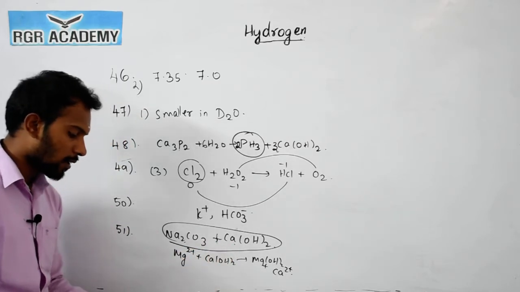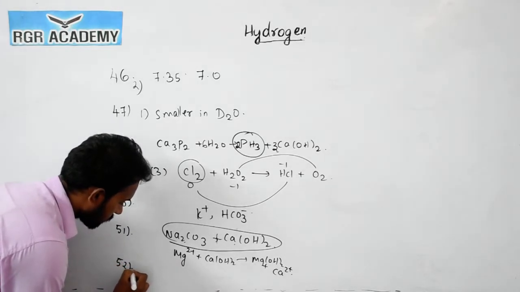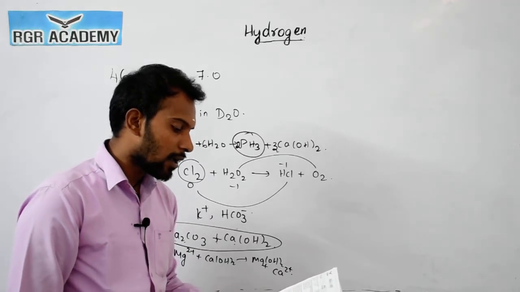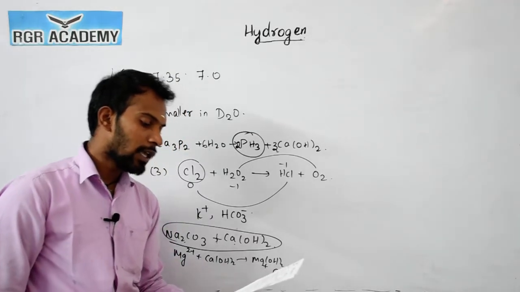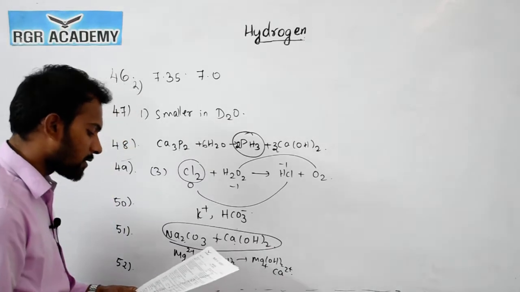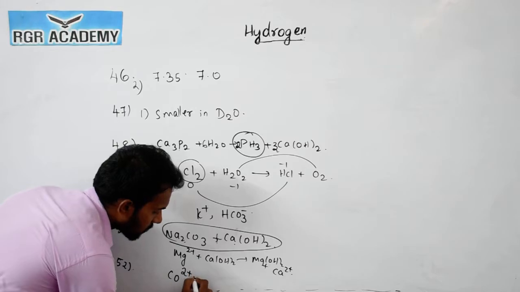Now question number 52. The indicator type of silica gel used in a dehumidifier contains cobalt 2 plus ions.